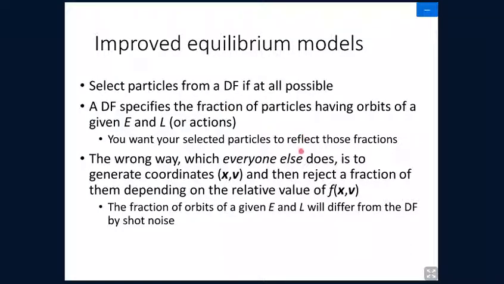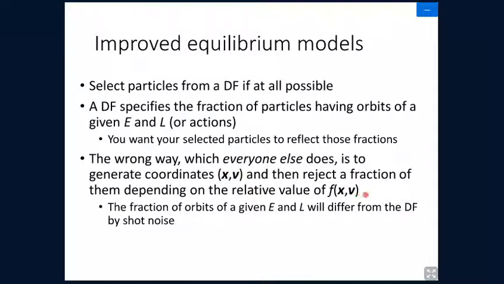If you do the wrong thing, which is what most people do, you generate coordinates. You just choose particles within your volume and within the energy range that you've got by choosing at random the position and then velocities of particles. And then you ask what is the value of the distribution function at that point in phase space, and then you decide to accept or reject this particle on the basis of the value of the distribution function at that point.